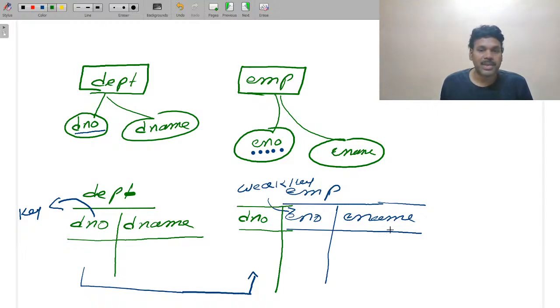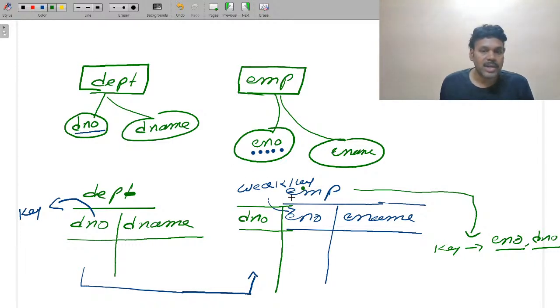This time, observe carefully: your key for the employee relation, I have a weak key with me and I am depending on the department number of the other entity. So this and this together is your key in the employee table.